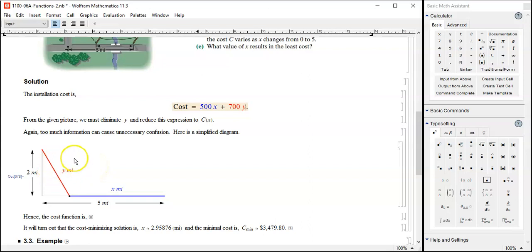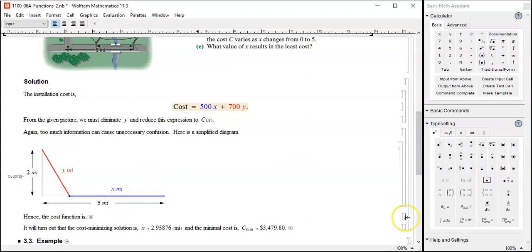I can eliminate y because we have a right triangle, so using x and these numbers, you can solve for y. Once you do that and plug it over here, you're going to get a function of x only. So what is it? Stop the playback and try to do it on your own. Again, Pythagorean theorem is going to be useful because we have a right triangle forming here and y is the hypotenuse.